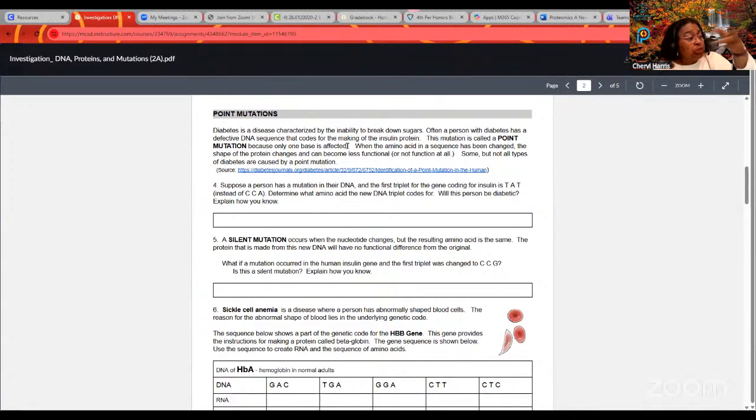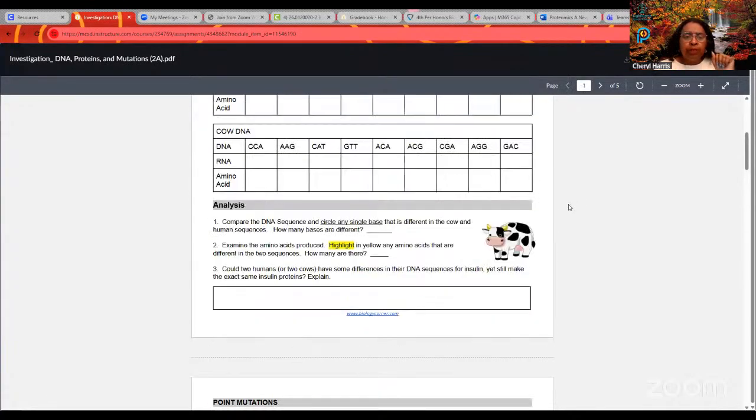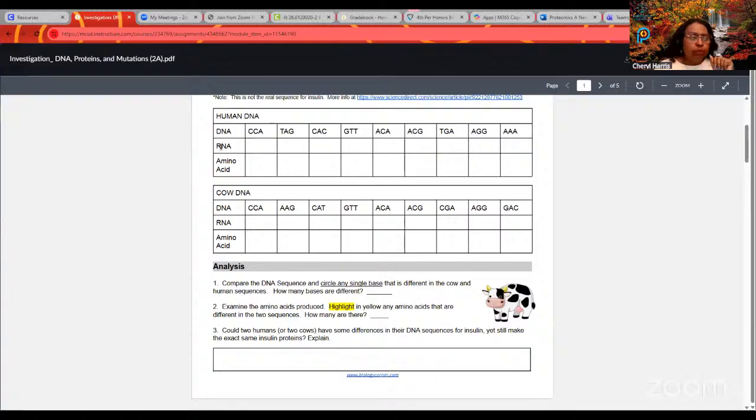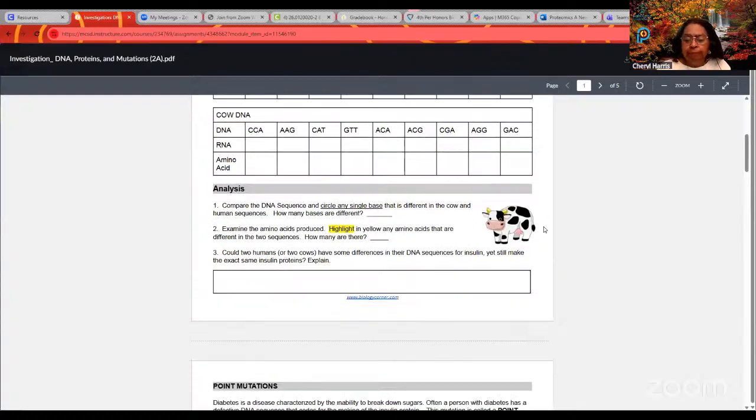So what you were looking at was two normal strands for the cow and for the human. All right, so what they're looking at in question number 4 is, suppose we make a change. Suppose the first triplet, now on your worksheet, so you're going to have to come back up here and look at our first one, which is CCA.